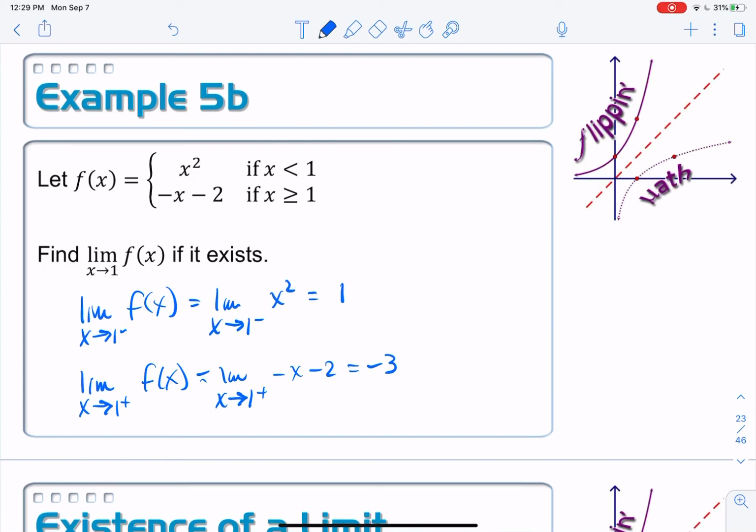And I can see that my two numbers here are different. On the left side and the right side, they are different. And I can conclude that the limit here does not exist due to differing left-right behavior. So therefore, the limit as x approaches 1 of f of x does not exist, due to differing left-right behavior.